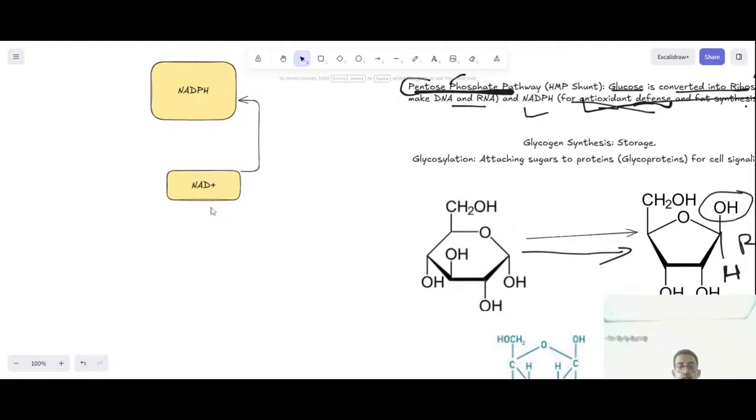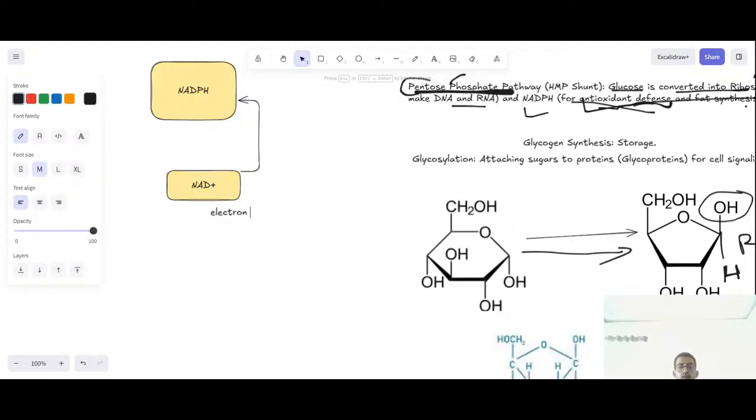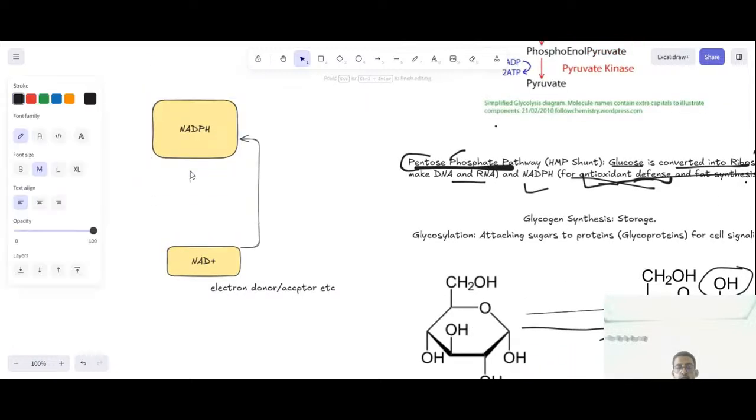NADPH, and this is an electron donor, this one is electron acceptor. Okay, but this one is used for different purposes, like synthesis and detoxification.